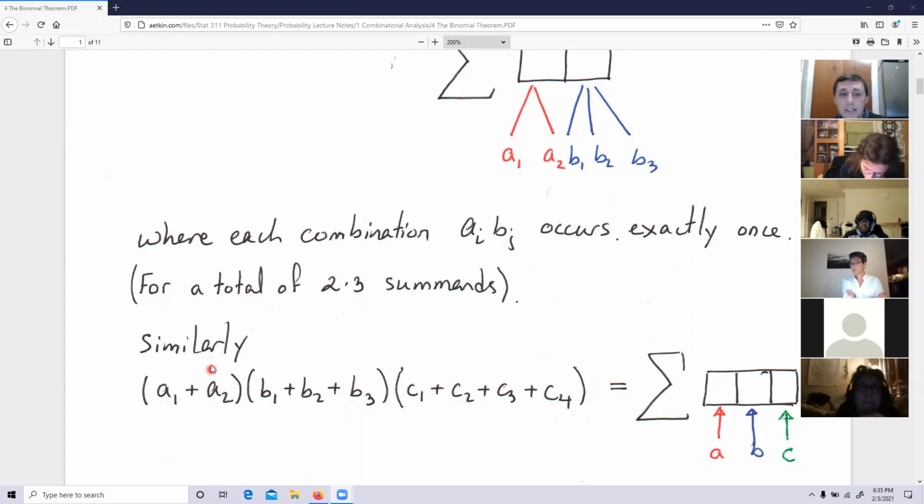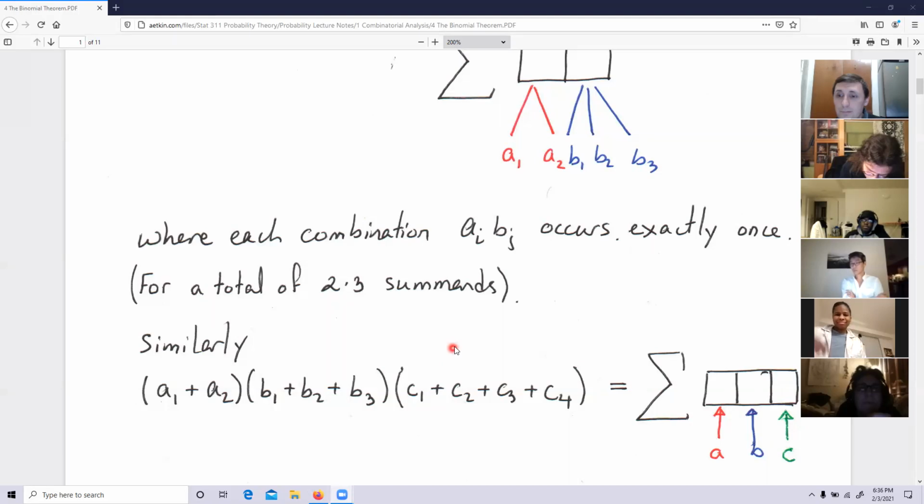So in this case, it would be 2 possibilities for A, 3 possibilities for B, and 4 possibilities for C. And as somebody already replied, careful, not 12, but 24, as Grant said, because you have 2 times 3 times 4.